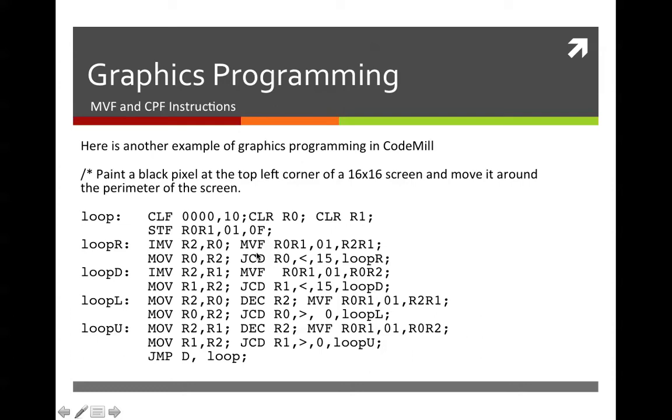And so what the move frame instruction does is move the frame that is situated at R0, R1, in this case of size 1, into the frame that is situated at R2, R1 coordinates, where again R0 is the X and R1 is the Y displacement, and the same way R2 is the X and R1 is the Y displacement.